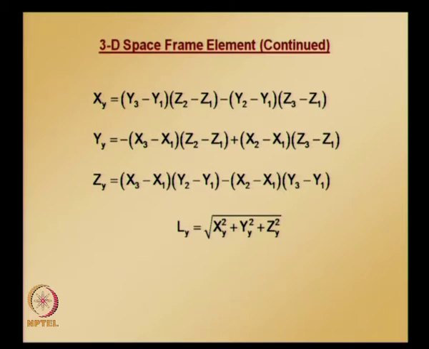So, that value turns out to be this, and Ly, My, Ny values are given there.